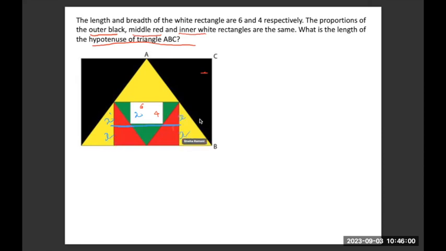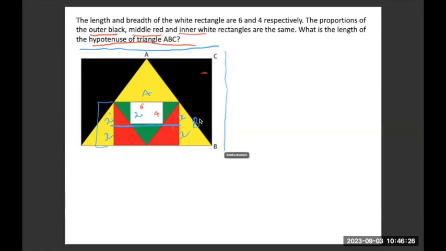So once I crack this relationship, all I need to do is extract it further. So if I say A and B, okay, I need to find the length of the hypotenuse ABC. But for that, I need this dimension and I also need this dimension.